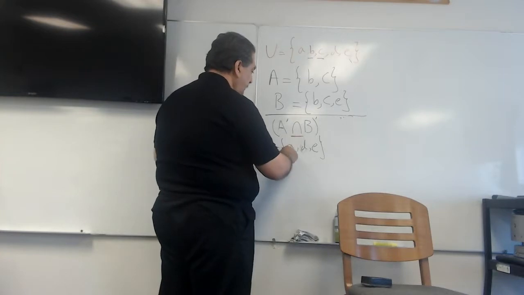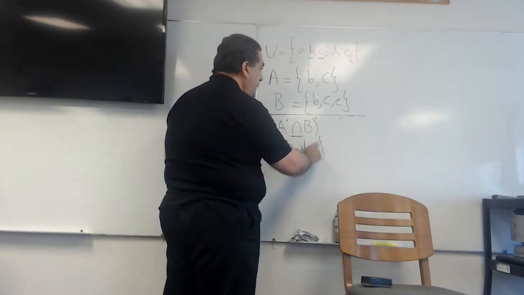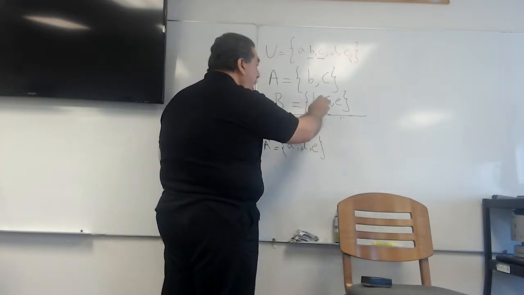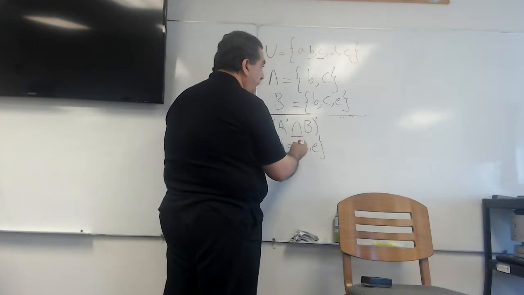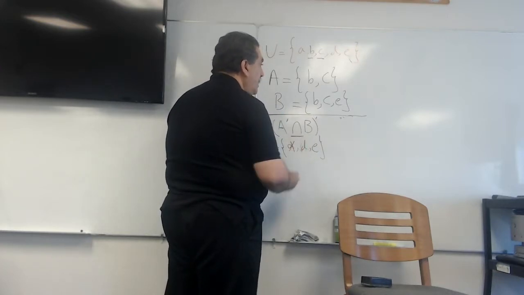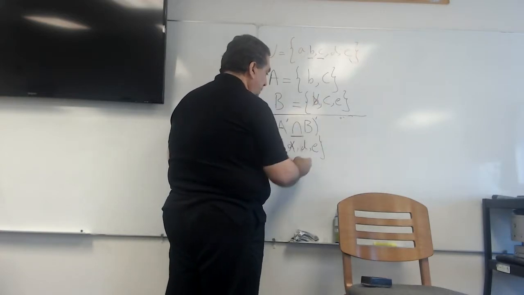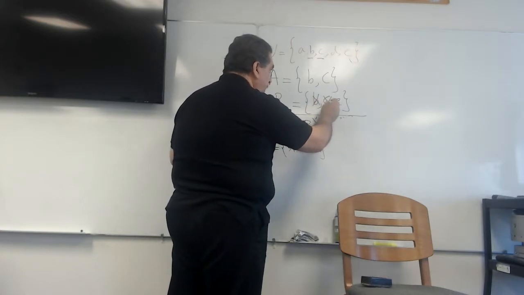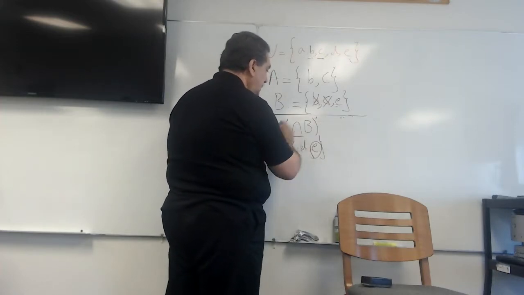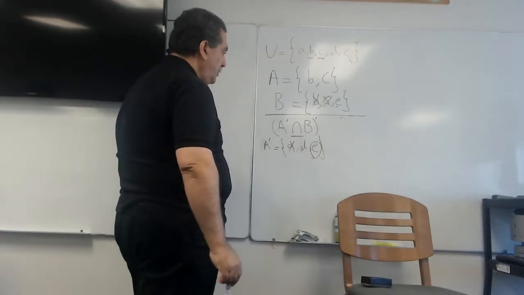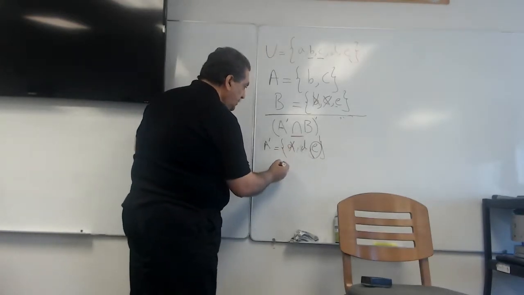So the intersection of A prime and set B. What is common in both of them? A is not, D is not, E is there. So it's only E. So this is the intersection.